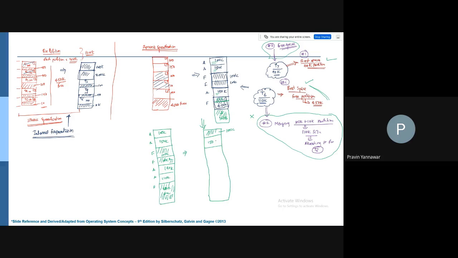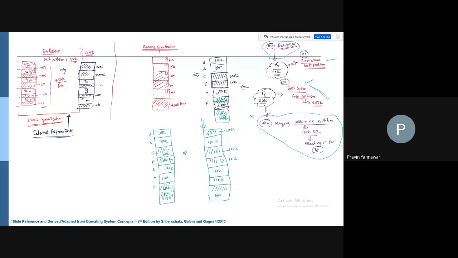Then we have got 150K allocated. Then again we are going to have this 100K free, right? Then we have got this 10K free, right? Then we have got this 190K allocated. Then we have got this 110K allocated and 340K free.